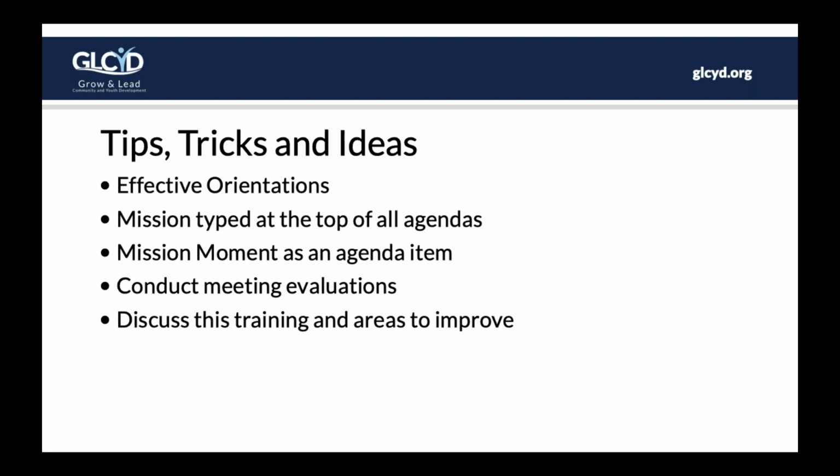January is why we do this series at this time, because so many new people are coming onto boards. If you haven't gone through an orientation, ask for one. If your chairperson says, I don't know, executive director, do we have an orientation? If they don't have one, have them call us. We can help them set up one.